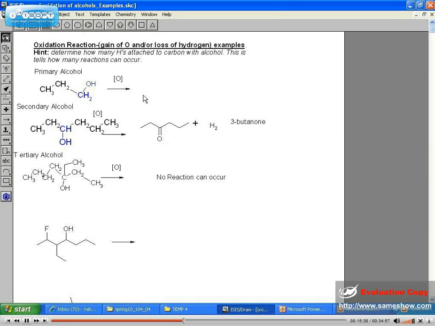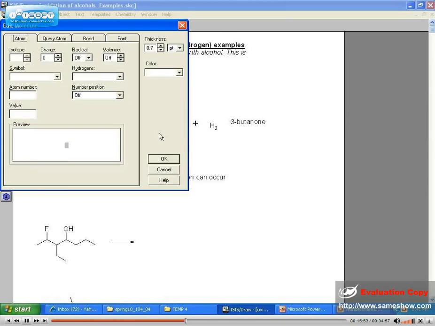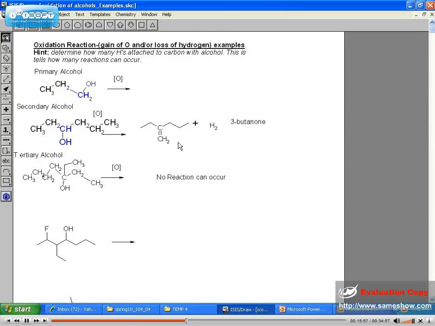In the secondary alcohol, the hydrogen on the carbon and the hydrogen on the oxygen are going to leave, and they're going to form a brand new pi bond. Just to highlight this right here, I'll go ahead and show you the carbon. So here's the carbon.